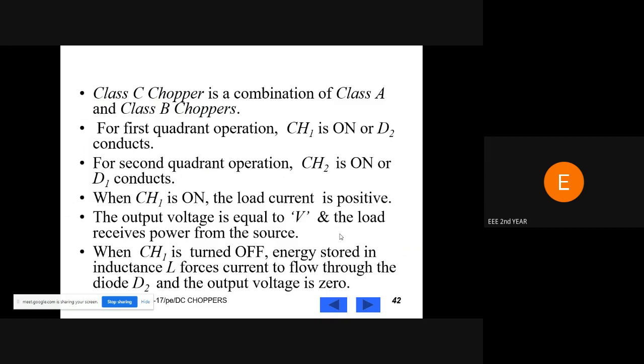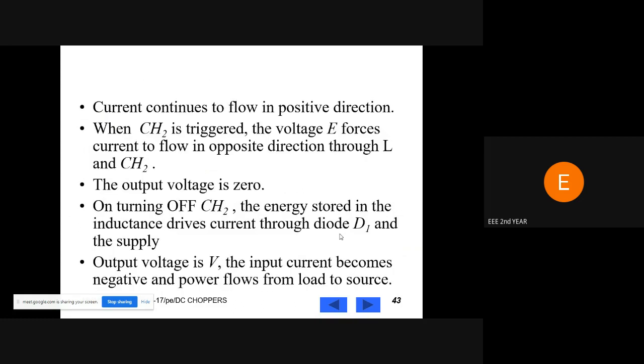When chopper 1 is turned off, the energy stored in the inductance forces the current to flow through the diode D2, and the output voltage will become zero, only the current will be present. The current continues to flow in the positive direction. When CH2 is triggered, the voltage E forces the current to flow in the opposite direction through the inductor and chopper 2.